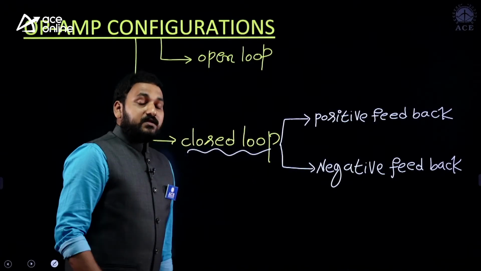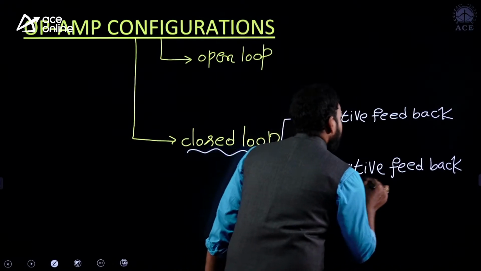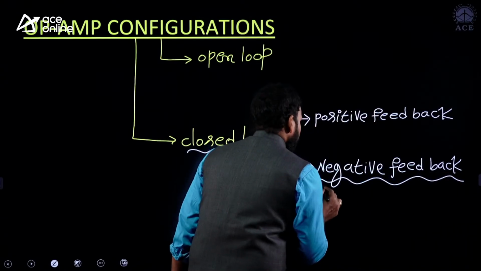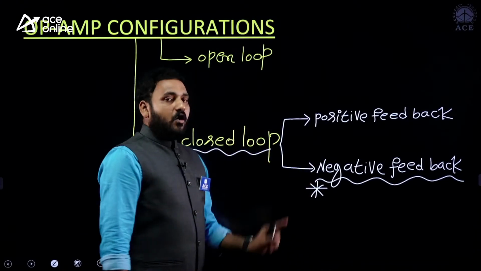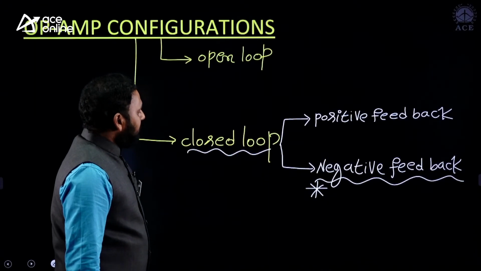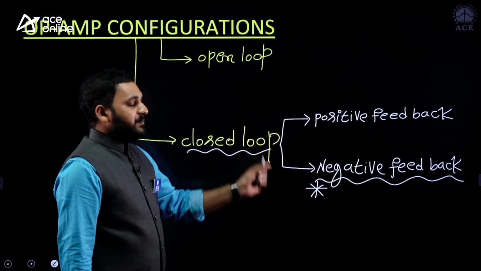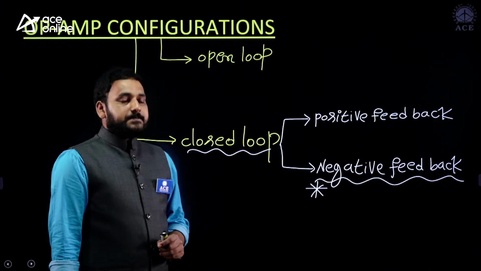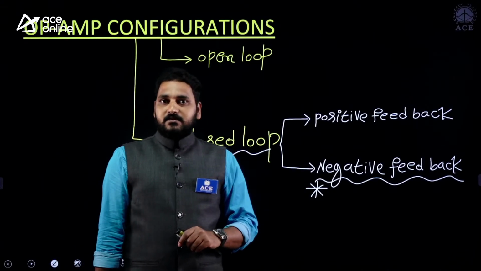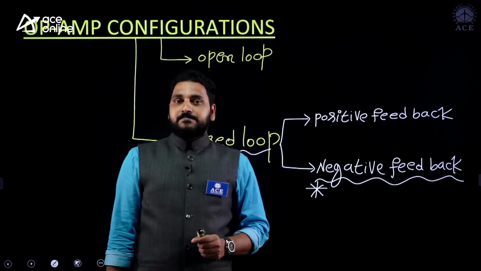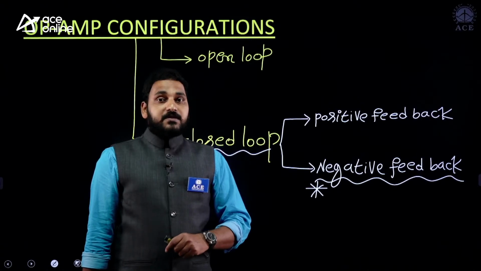95 to 98% of our topic is about negative feedback amplifiers only. In negative feedback, we are using the op-amp as an amplifier, and we can find different applications for the operational amplifier, such as integrator, differentiator, different types of filters, logarithmic amplifier, anti-logarithmic system, precision diode.